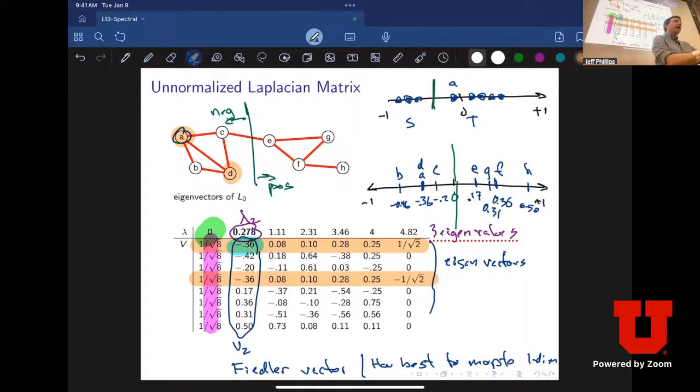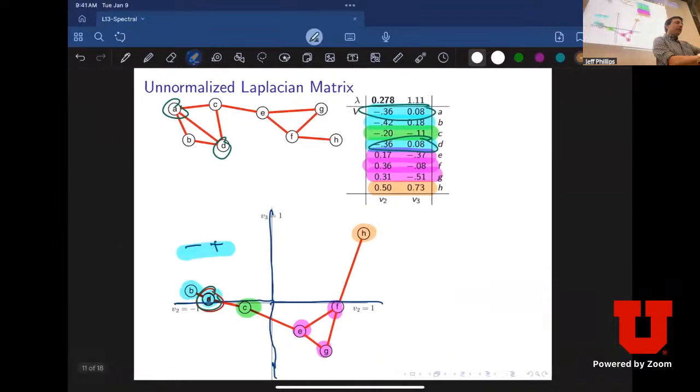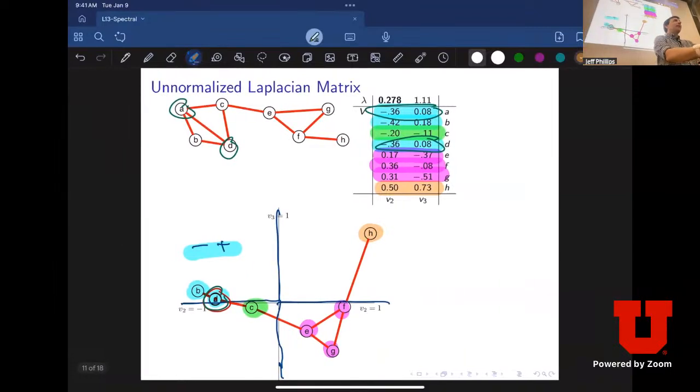Okay, so I've started with the unnormalized Laplacian, and I want to move on and tell you that this is not quite the right way to do it. This is called the unnormalized Laplacian. What you actually want to use is the normalized Laplacian, which is a little bit more complicated.